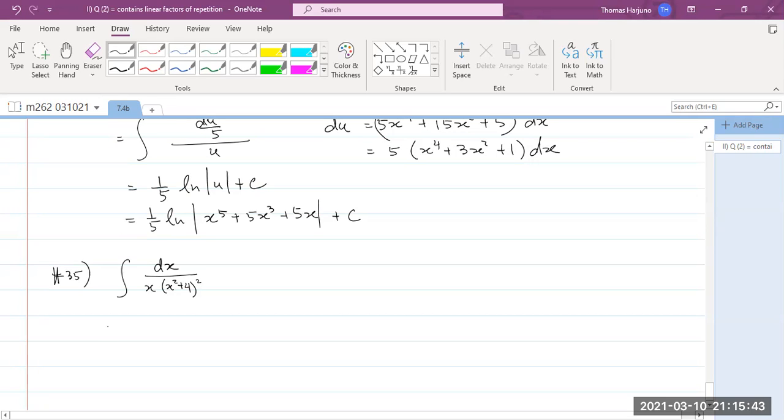Including 7.3. Okay. Partial fraction decomposition: 1 over x times x squared plus 4 squared equals a over x plus bx plus c over x squared plus 4 plus dx plus e over x squared plus 4 squared.